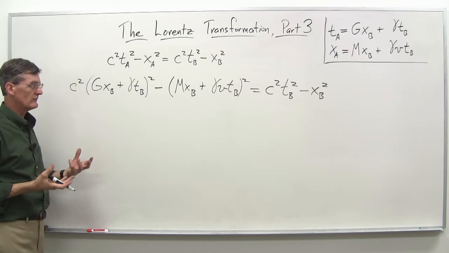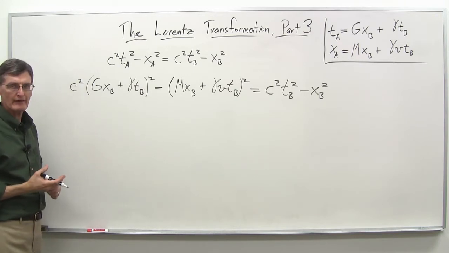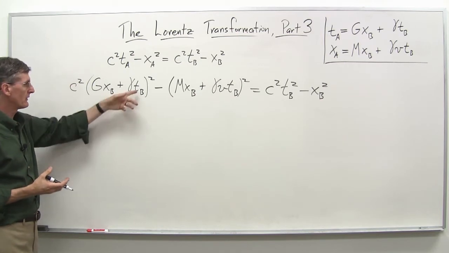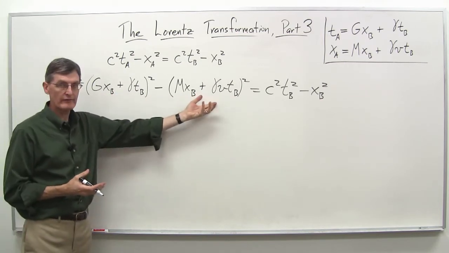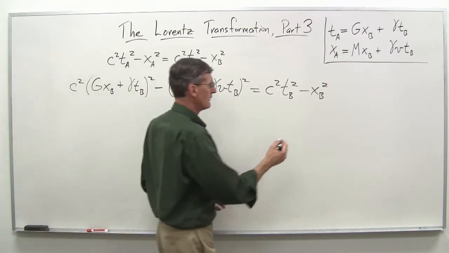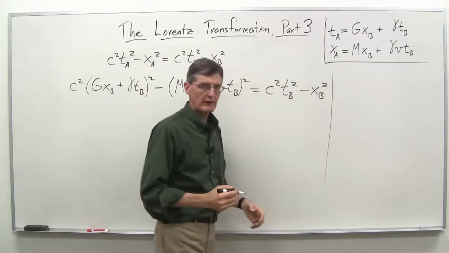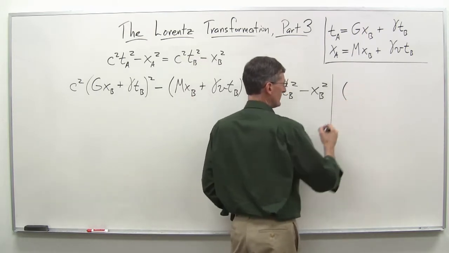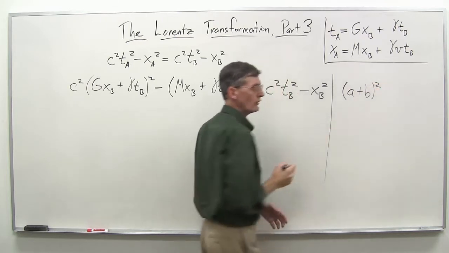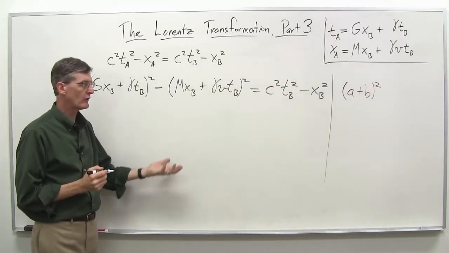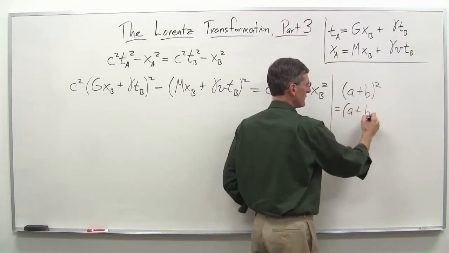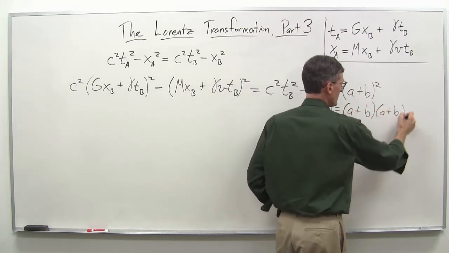Okay, so now we just sort of work the math. We work the algebra here. We're going to multiply this out. We've got this squared, and we've got this squared. And let me just remind you about something, for those of you who maybe haven't done algebra for a while. Remember when we have something like a plus b quantity squared, if we multiply that out, that's equal to a plus b times a plus b.